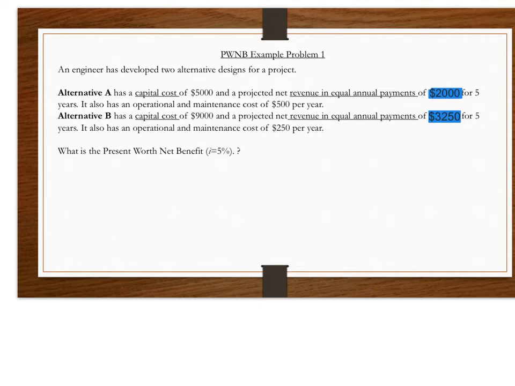Alternative B has a capital cost of $9,000 and a projected net revenue in equal annual payments of $3,250 for 5 years. It also has an operational and maintenance cost of $250 per year. So at 5% interest, which alternative has a greater benefit in today's dollars?